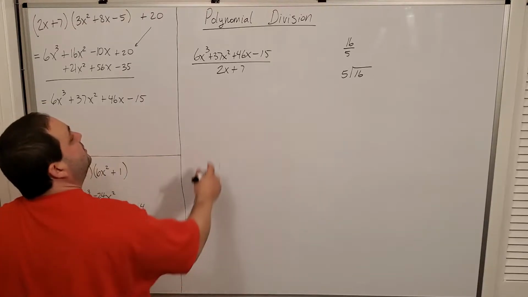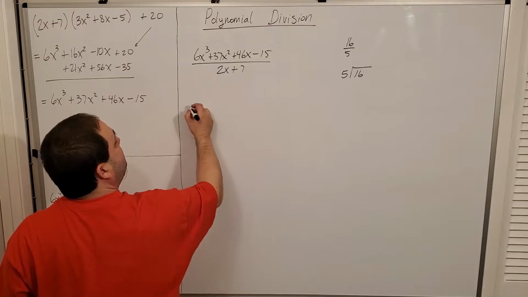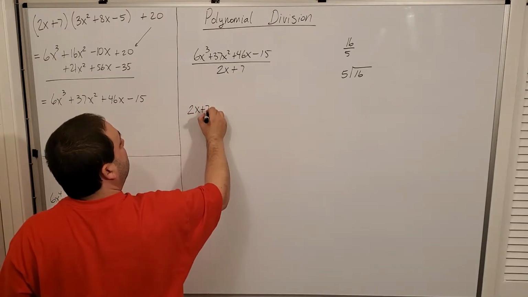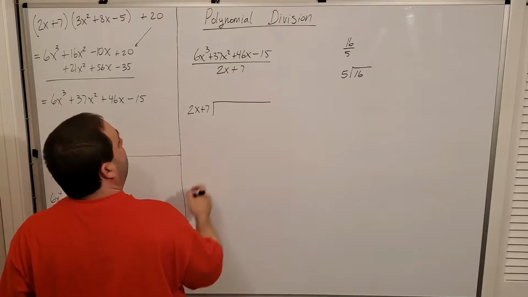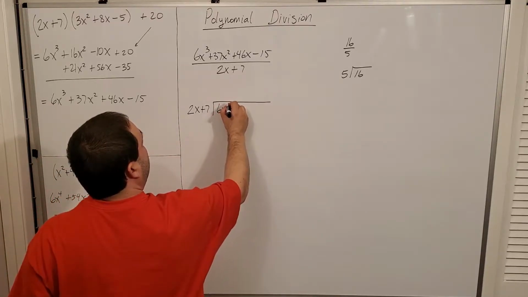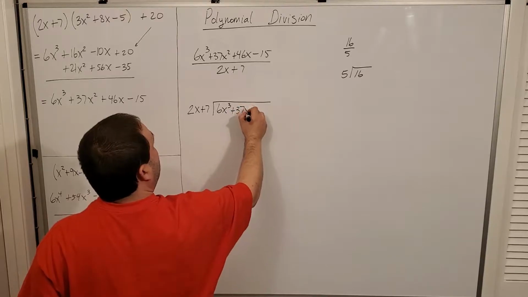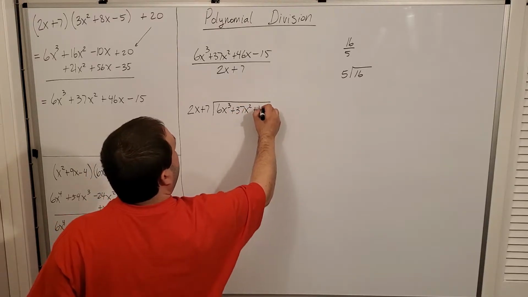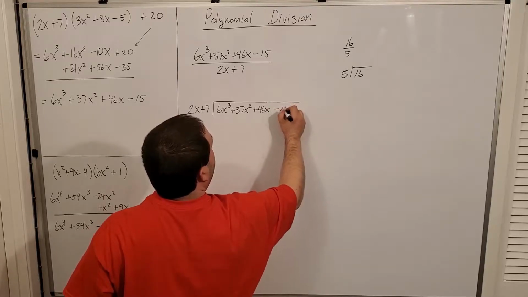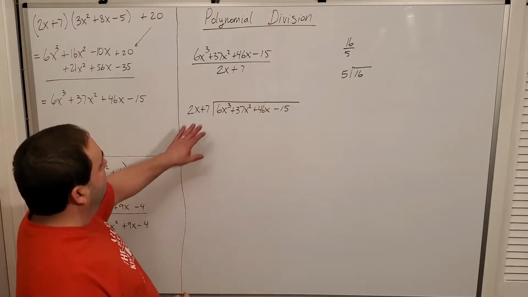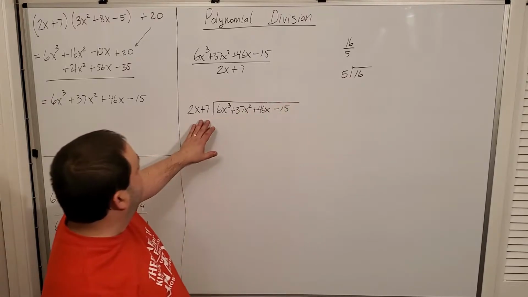I'm going to write the 2x plus 7 and divide it into the 6x to the 3 plus 37x squared plus 46x minus 15, right? So it should look just like what you're accustomed to.